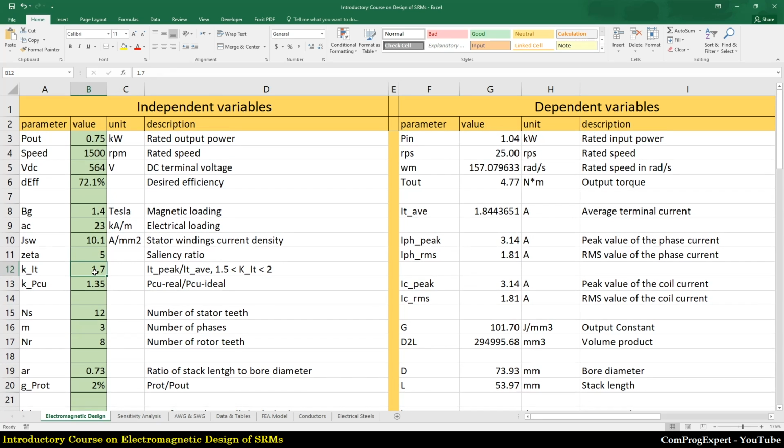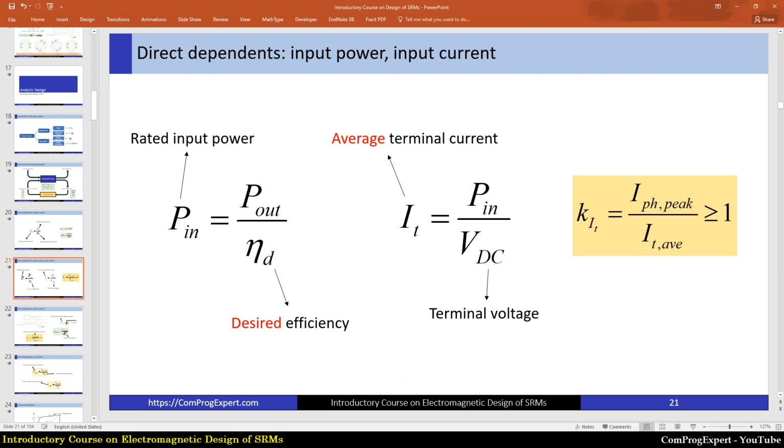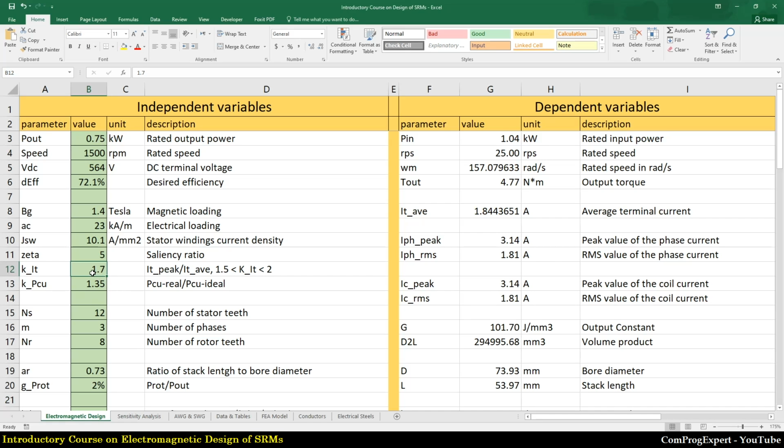I consider it here equal to 1.7. So when we consider a value for KIT, we can calculate peak value of the phase current. Peak value of the phase current is KIT times the average value of the phase current, which is this one.